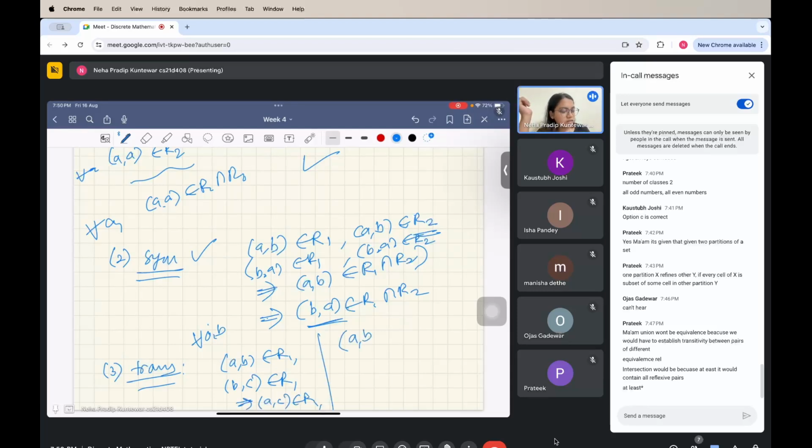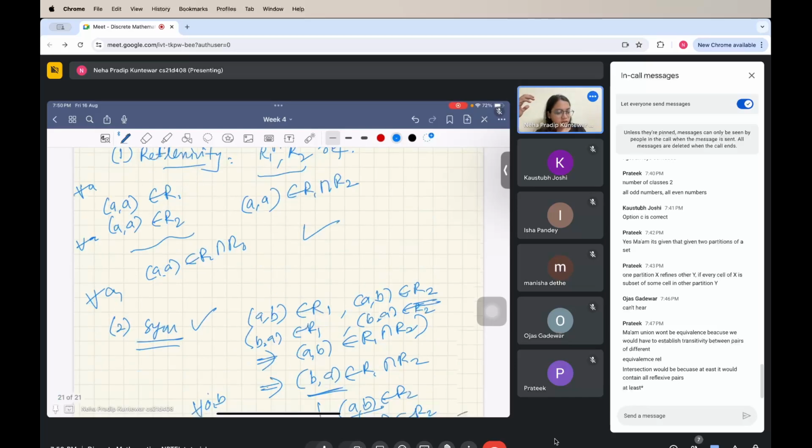Similarly, let's say AB is in R2 and BC is in R2, that would imply that AC is in R2, and therefore if you take an intersection, you would get AB in R1 intersection R2, BC in R1 intersection R2, and AC in R1 intersection R2. So all the triplets end up getting in the intersection. So this is also transitive.